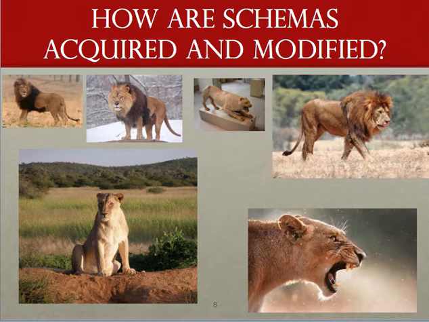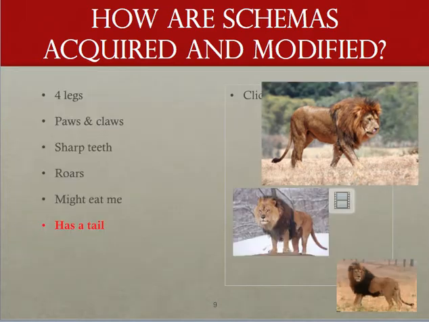So this mental process takes place. And in this case, as we get more experience with lions, we decide that we need to add a new feature to our category or schema. In this case, restoring equilibrium is an easy task. We simply add or assimilate this new feature, has a tail, into our existing schema. This process is called assimilation.